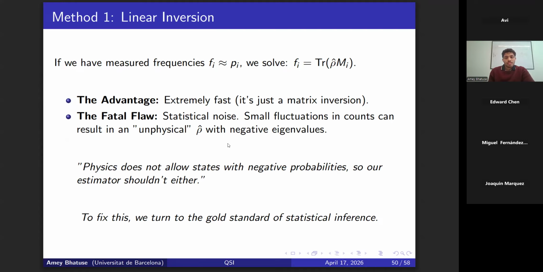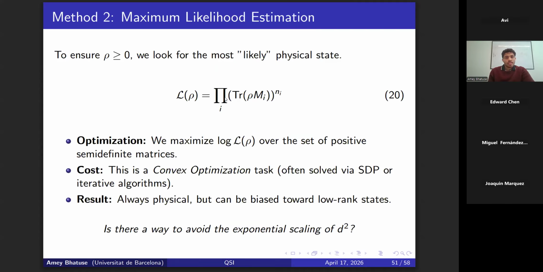To fix this, we have another technique, which is maximum likelihood estimation, where we look at the most likely physical state that, depending upon the measurement, gets us close to the actual quantum state. So we maximize the log likelihood over the set of positive semi-definite matrices.